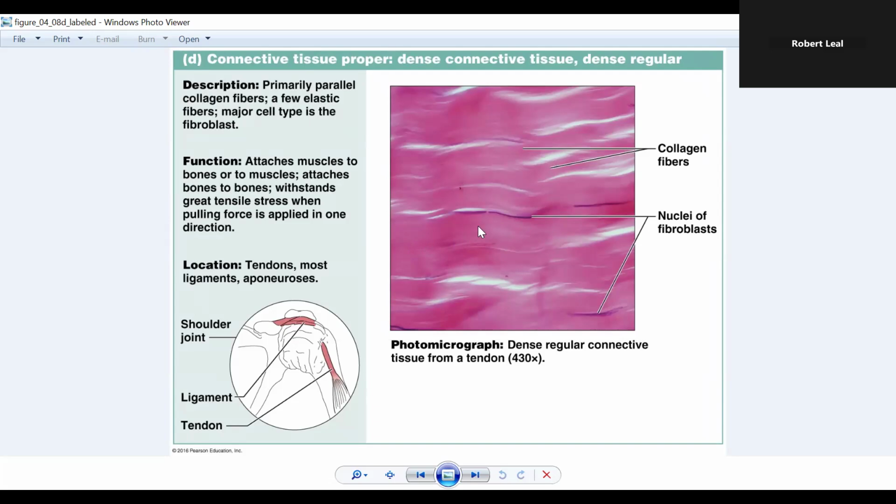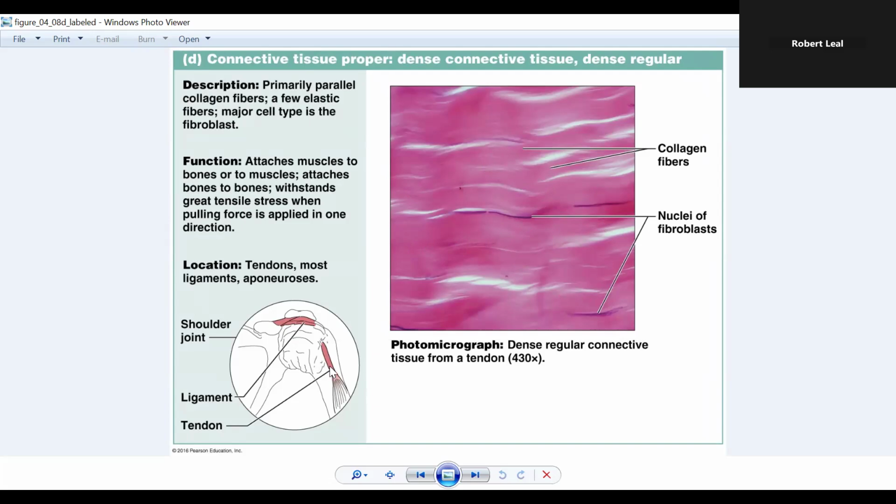So where do you find this type of tissue? Well, first of all, let's name it. What does it say up top? Dense connective tissue, but it says dense regular. Regular means the fibers are going in one direction. That means they can only resist pull in one direction.